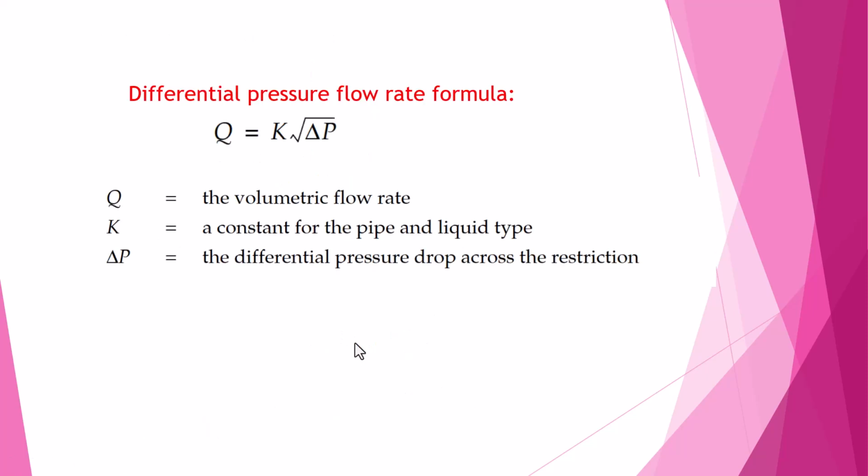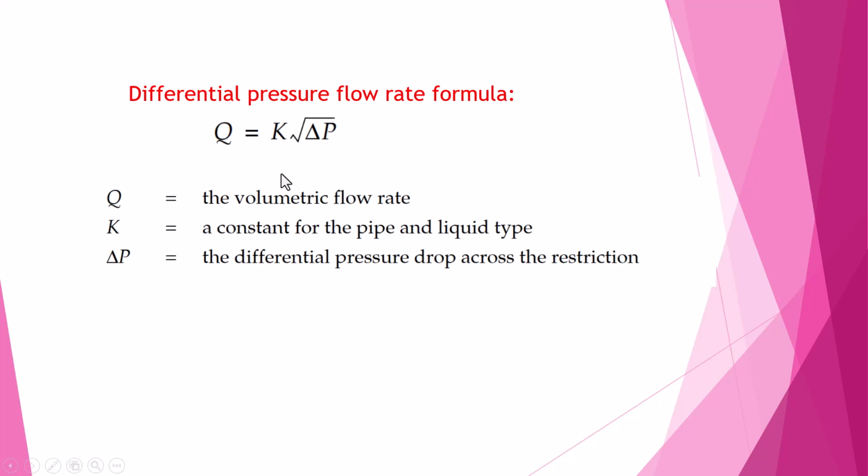So the differential pressure flow rate method is Q equals K square root delta P. Q is the volumetric flow rate, K is the constant for the pipe and liquid type, and delta P is the differential pressure drop across the restriction. We often use this formula to decide the volumetric flow rate.